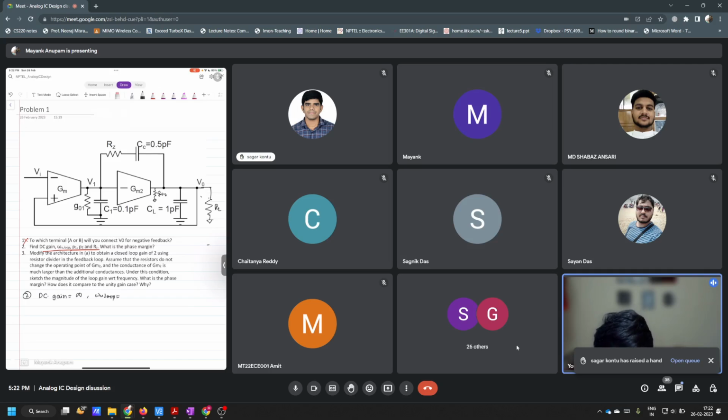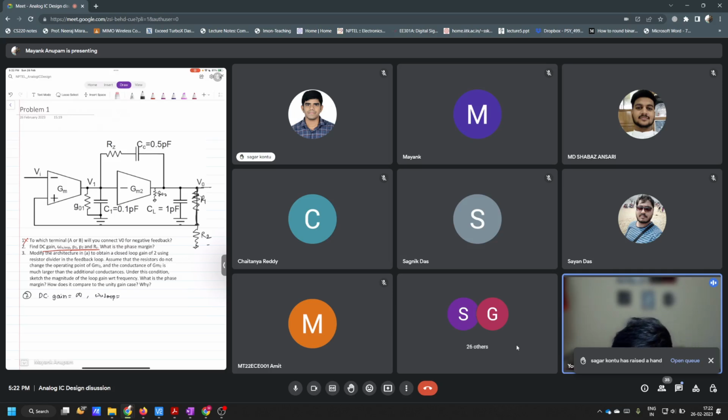But let's say the situation is like this, that the RL is something like this. This is R2, this is R1, and basically this is something like this. In that case you cannot simply add them. You have to see how to add them.